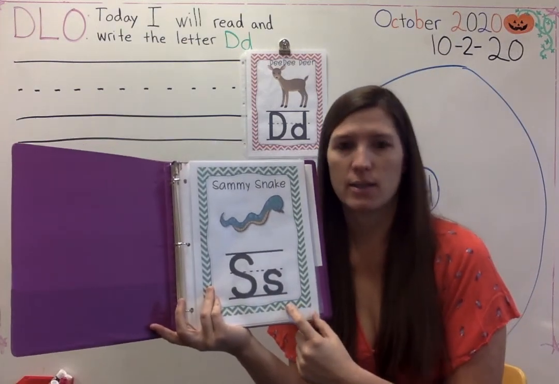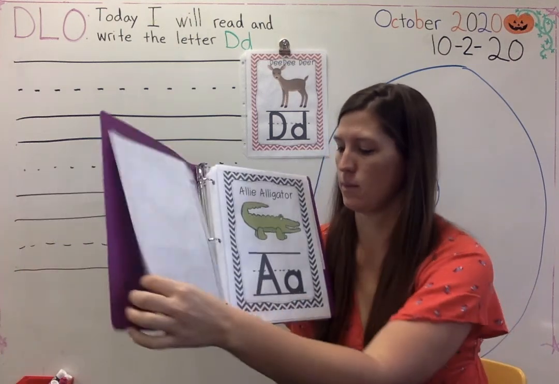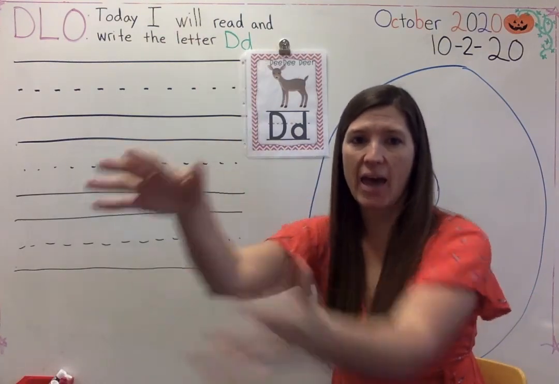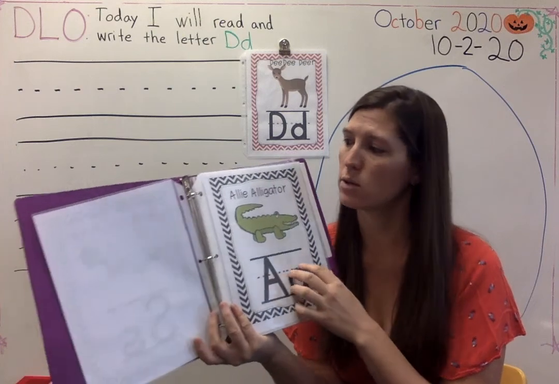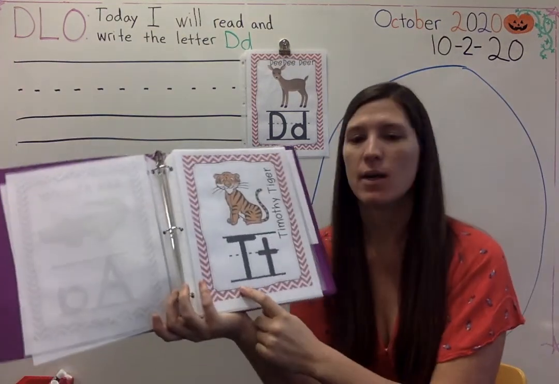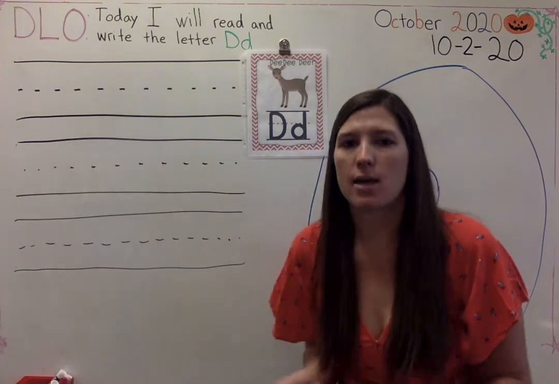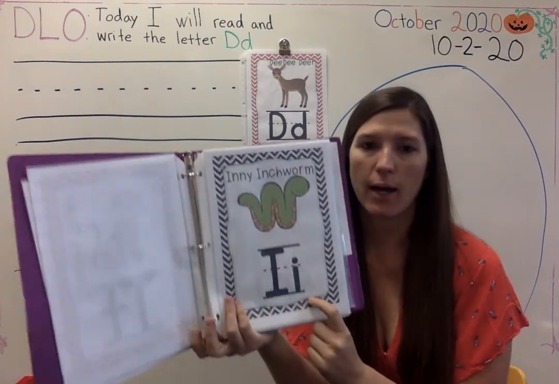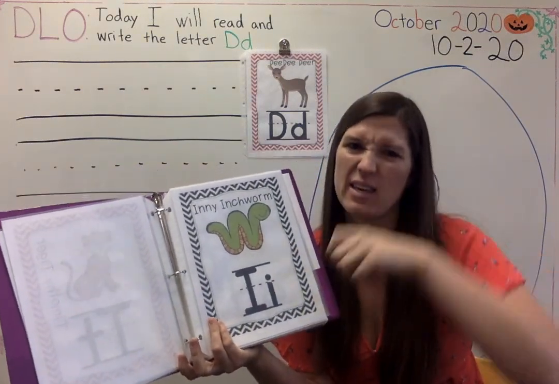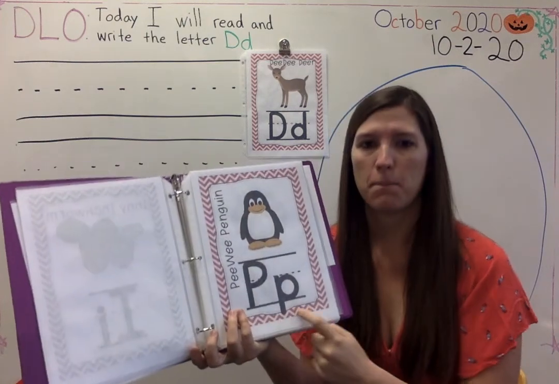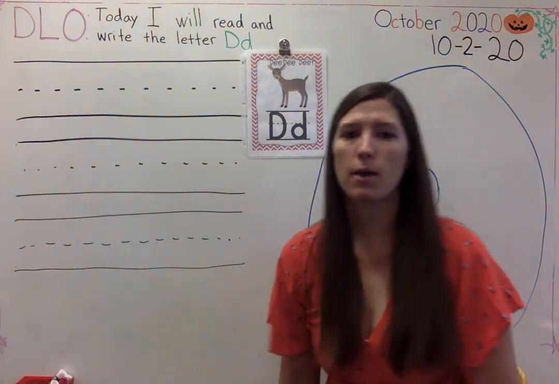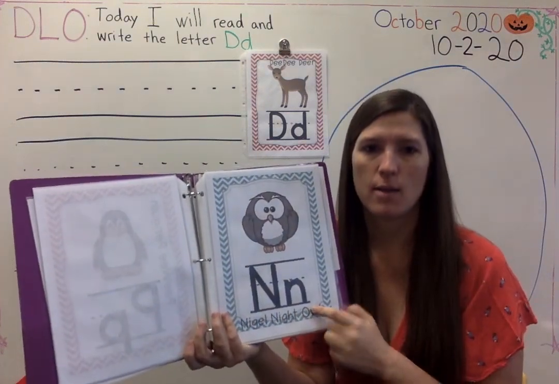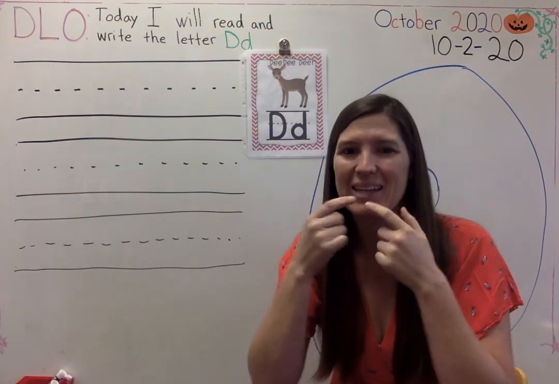S. S says S. A. Short A says a. It's a vowel, makes two or more sounds. Uh-oh, fix that. T says T. I says I. P says P. N says N, smile.